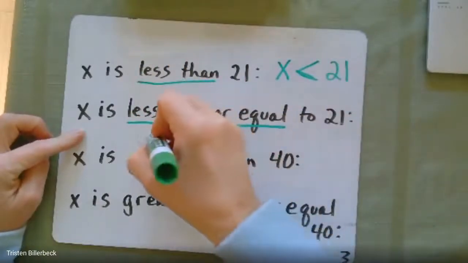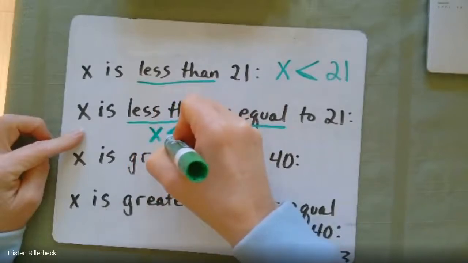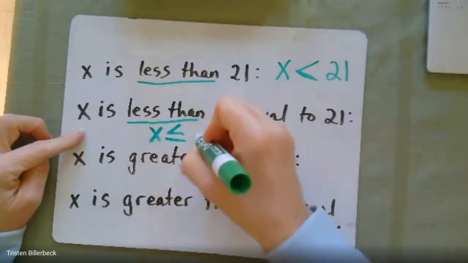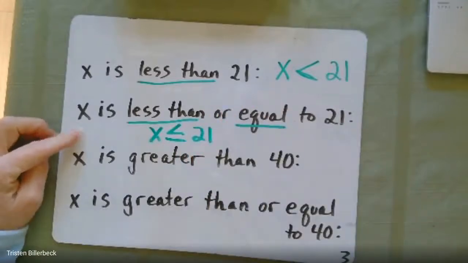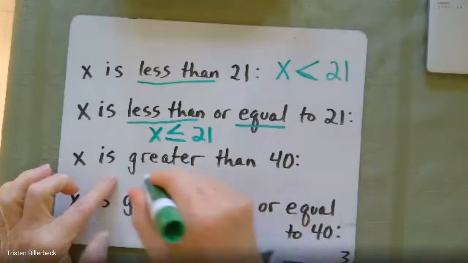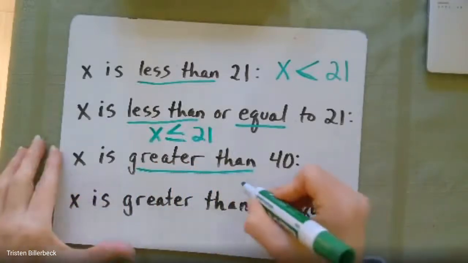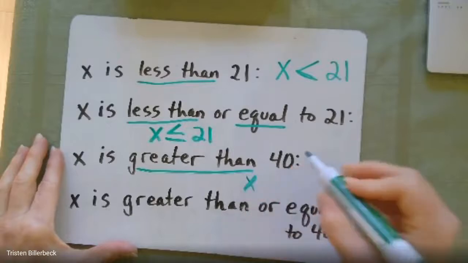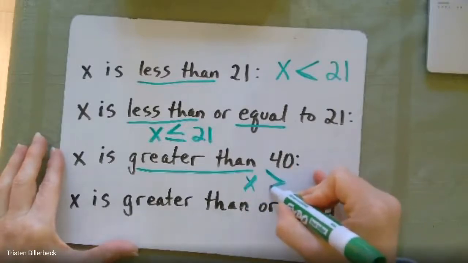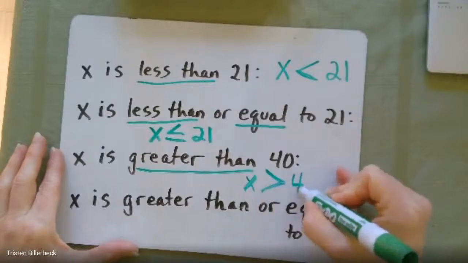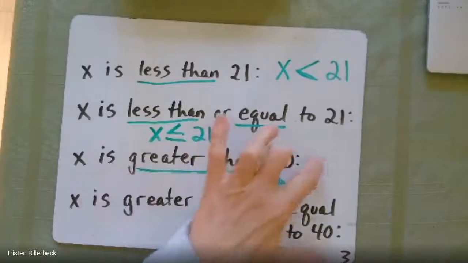So this one we're going to write X is less than, and we're going to put a bar right there with 21. X is greater than, so this one we're going to write X, and X is going to be bigger than 40, so it opens up toward the X this time, and 40, because it's greater than 40.